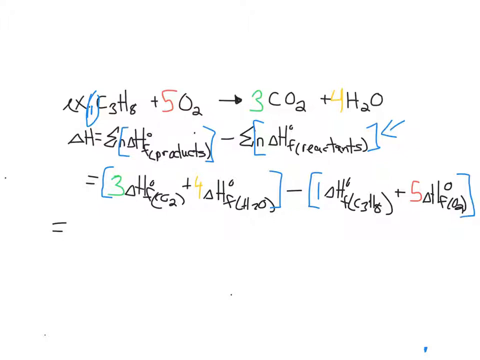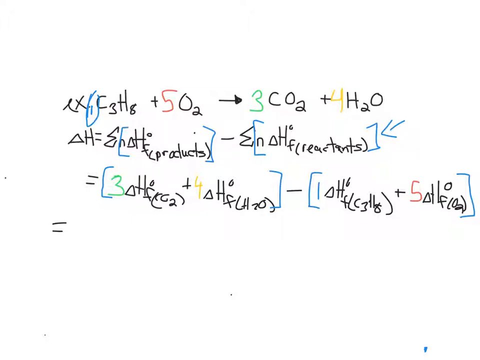So now you have to sub in some more information. You need to visit that page in your textbook, 798, and find your given values for your standard enthalpy of formation of carbon dioxide, water, propane, and oxygen, and then you plug it in. These coefficients really mean number of moles.